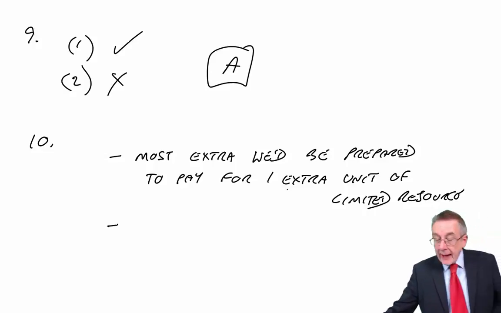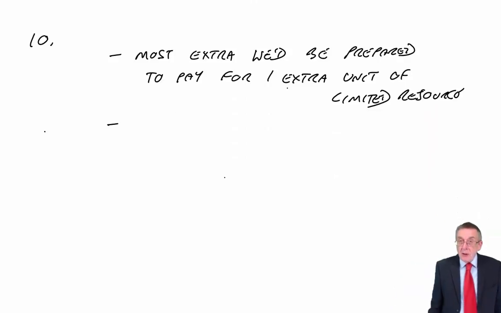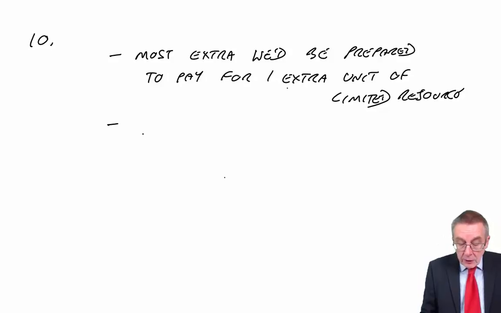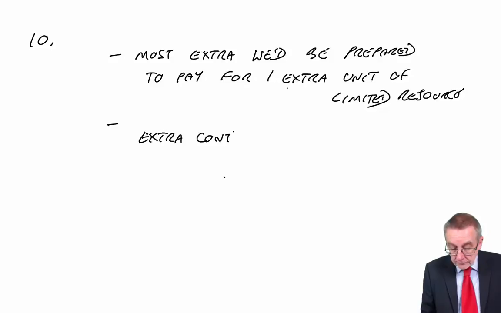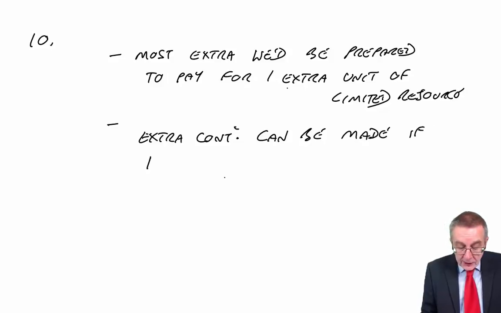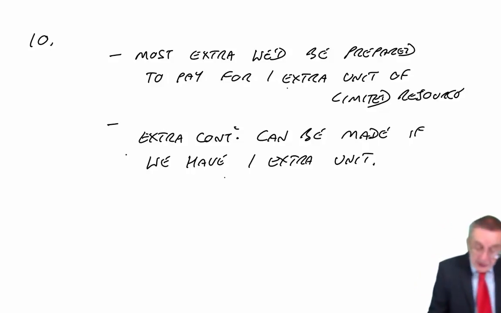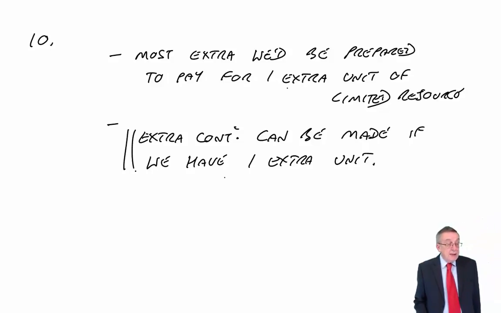However, that's not really relevant for this question, because the way we calculate shadow prices, the calculation, it's the extra contribution that can be made if we have one extra unit of the limited resource. That's how it's calculated, and that gives us the answer here straight off.